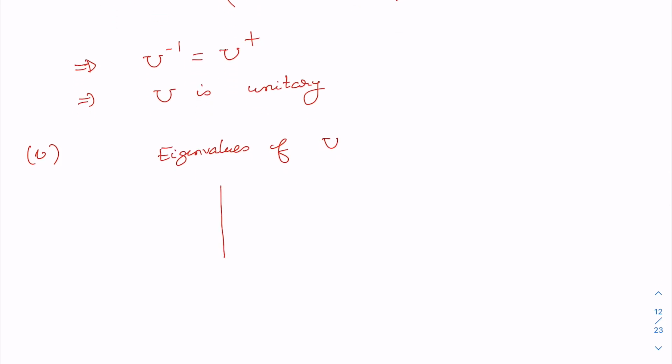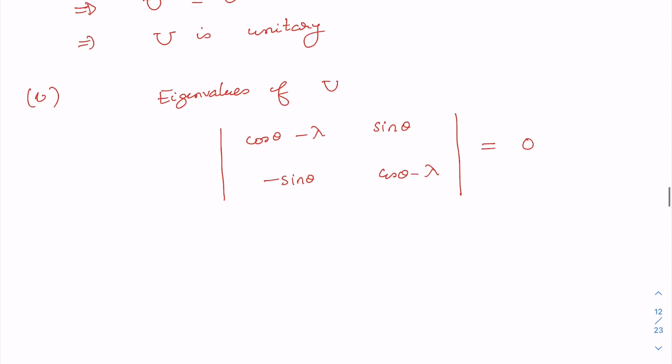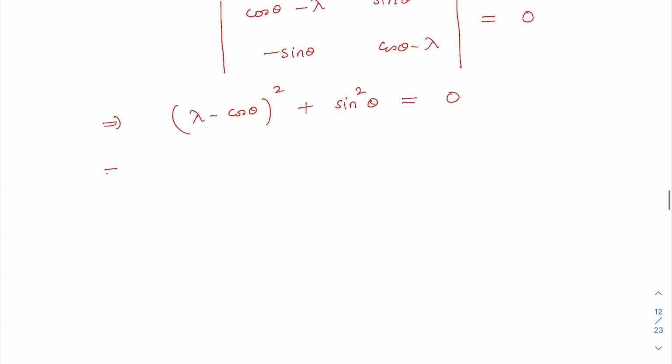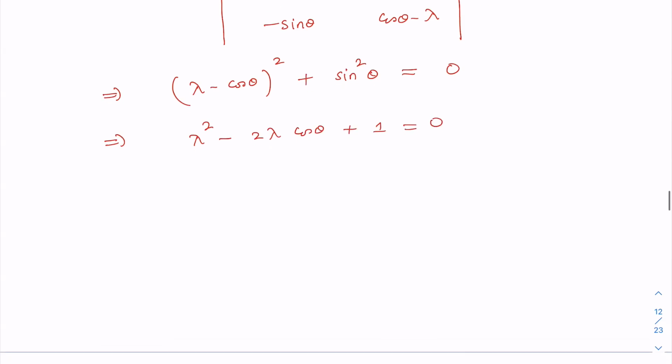To do that, you just have to solve the characteristic equation: the determinant of cos theta minus lambda, sine theta, minus sine theta, cos theta minus lambda, equal to 0. Then you will see that cos theta minus lambda whole square plus sine square theta is equal to 0. This gives the quadratic equation lambda square minus twice lambda cos theta plus 1 equal to 0.